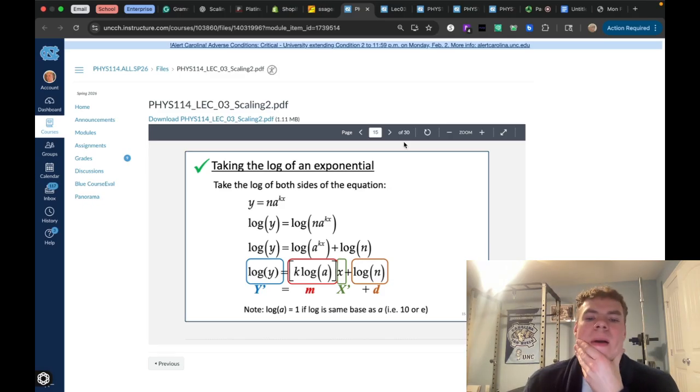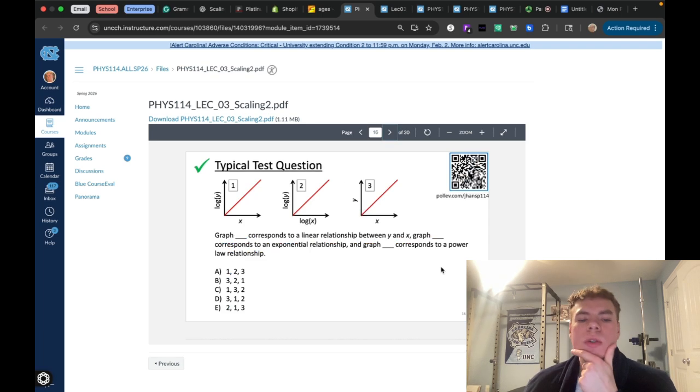Typical test question. Graph blank corresponds to the linear relationship between x and y. Graph blank corresponds to an exponential, and graph blank corresponds to a power law. Okay, so all right. So x and y, this is the linear one, right?